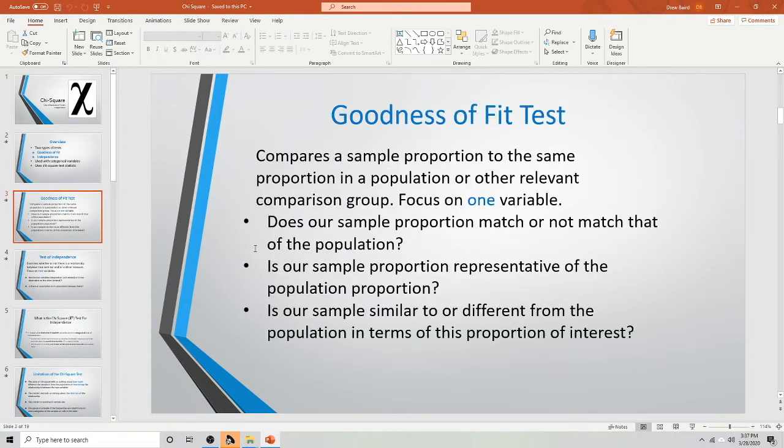Now, the goodness of fit test is the one that we're going to learn how to do by hand. It focuses on only one variable, a variable that comes from a sample, and you're comparing that sample to a known population.